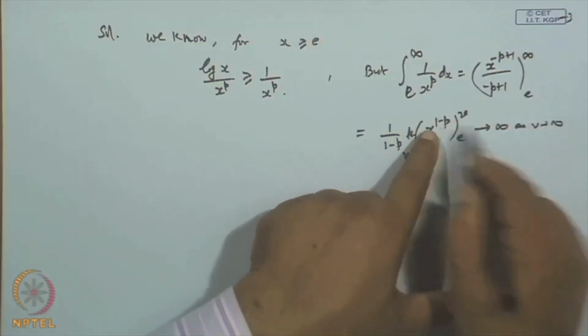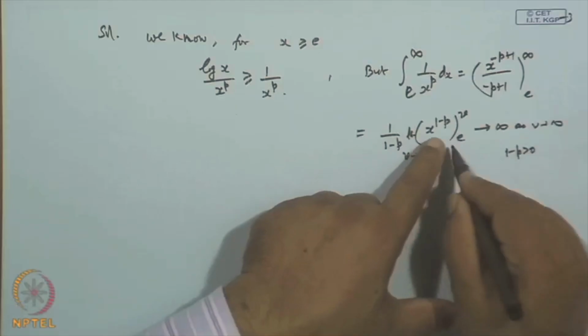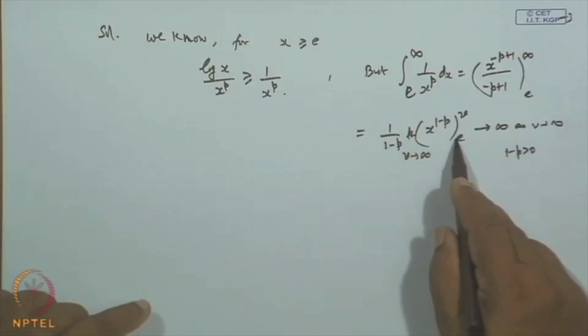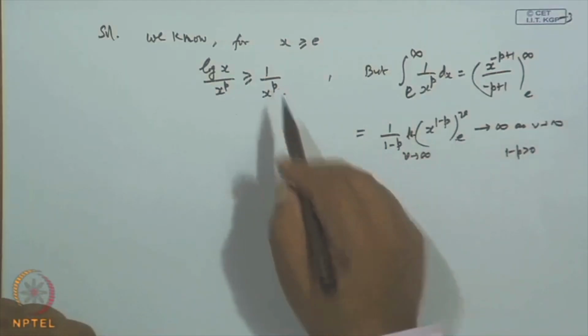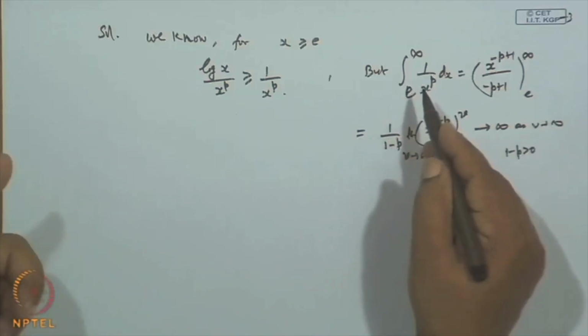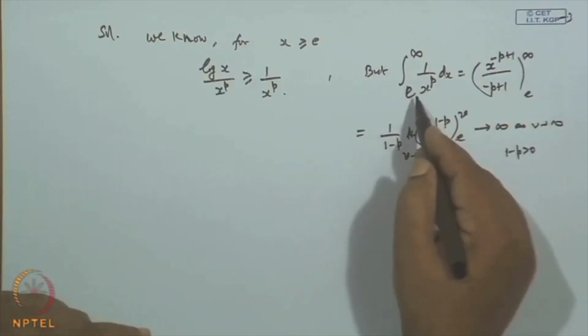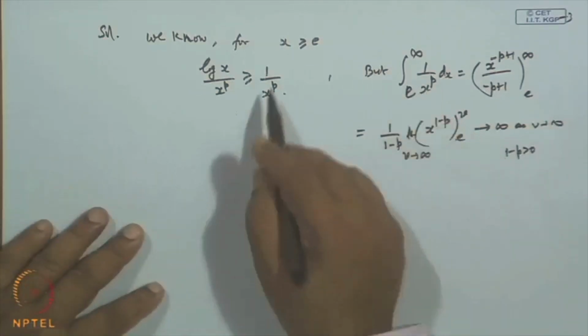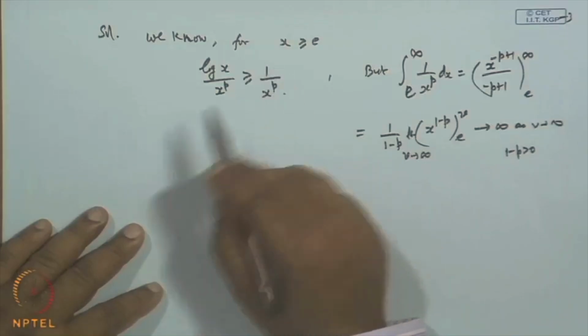It goes to infinity because 1 minus p is positive, as p is less than or equal to 1. So this integral diverges, and the part from 1 to e is a finite sum, so it does not contribute. If this diverges, then the total diverges.